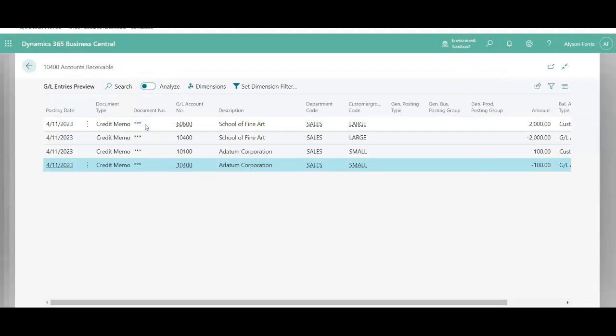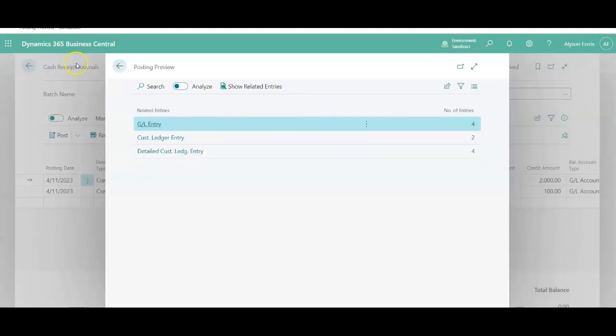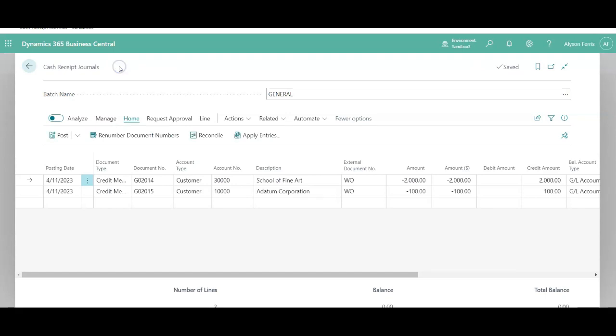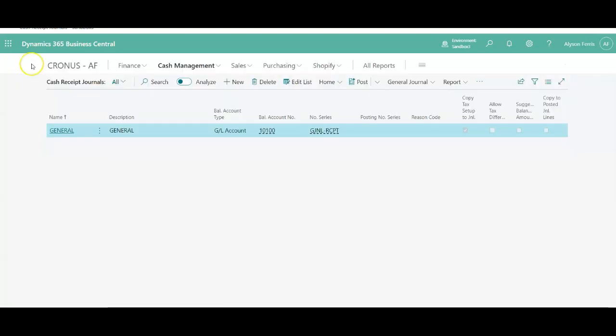I've got my 4 pieces. And that's how I would make a posting to write off multiple customer invoices or balances using a journal entry and Excel to edit and then publish back to Business Central for posting.